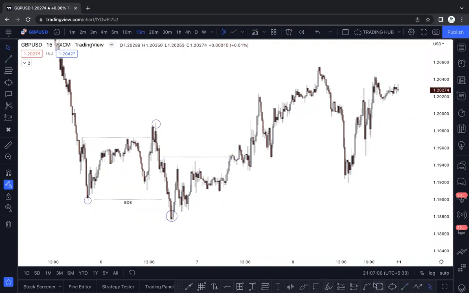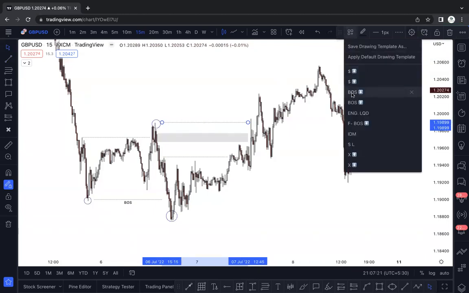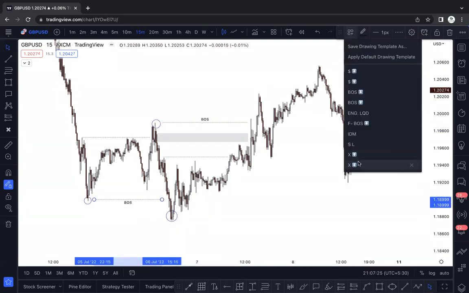So most probably we are anticipating a push downside. But what happened? The market broke this structure, and after a close above it, not this one, this wick is just a liquidity sweep, correct? After the close above it, the market actually turned from bearish to bullish. So in this case, this becomes our new break of structure, correct?